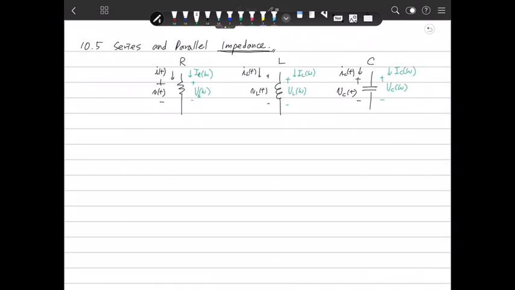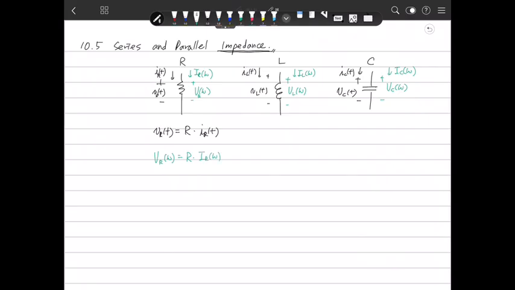The relationship between the current and voltage in each element: V_R(t) is R times I_R(t). But in the phasor form, we can rewrite it: V_R(omega) is R I(omega).